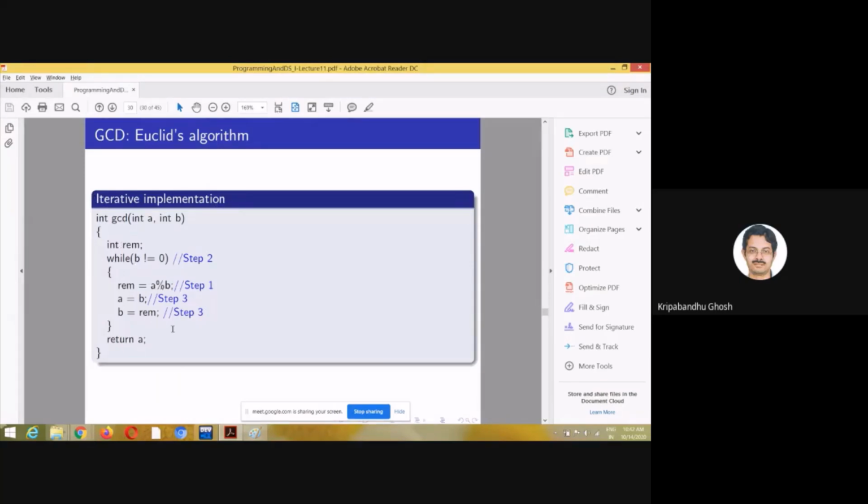Every time, we divide A by B and calculate the remainder, and we store the remainder in B and B in A. So now A becomes B and B becomes the remainder, and this goes on until B is equal to 0. When B becomes 0, then A becomes the answer. If you watch it carefully, you will find that this is the case.